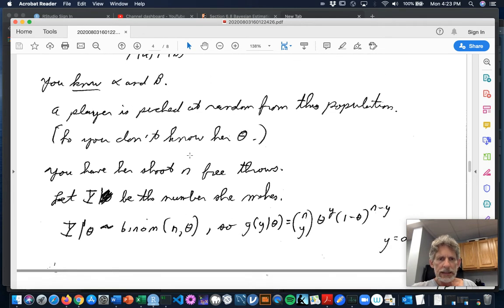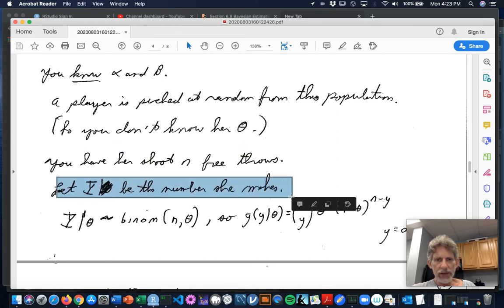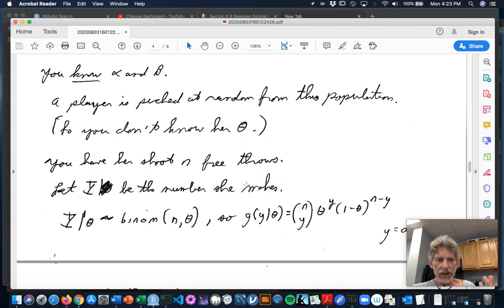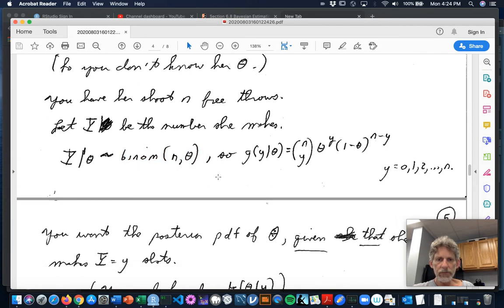So why don't you have her shoot n free throws? And let capital Y be the number of free throws that she makes. Capital Y, given her hit probability little theta, is binomial with n trials, each shot being a trial, with chance of success theta on each try.